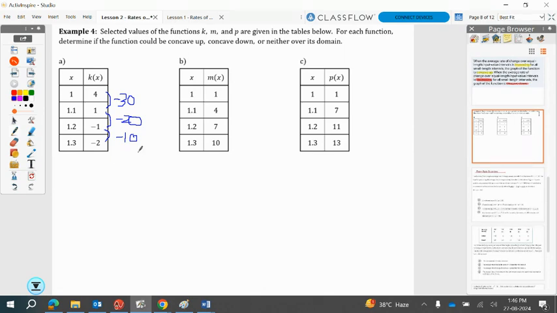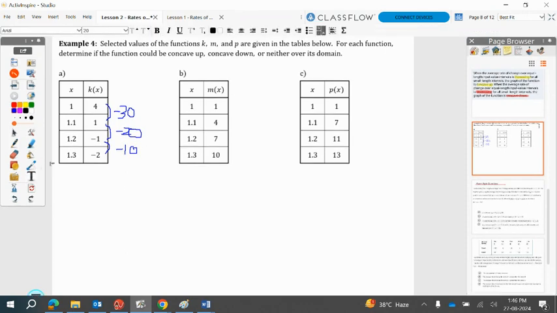So the rates of change are increasing. They're getting bigger. Firstly, it's -30. Then it's -20. Then it's -10. We would expect it to move towards 0 and then to positive values. Every time the rate of change is getting bigger and bigger. -30 is the smallest rate of change. -10 is the largest rate of change.